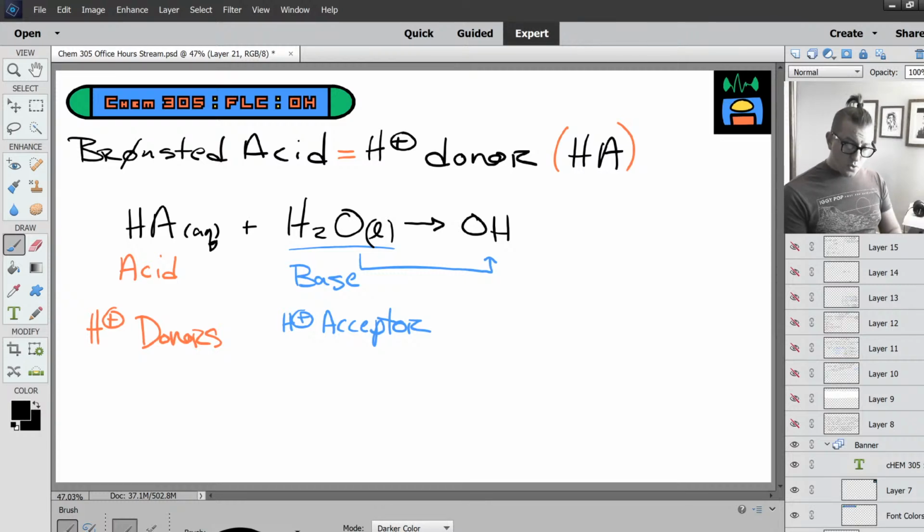So we've lost a hydrogen. We've also lost a positive charge. That is going to leave a charge of -1 behind after that base donates a proton.